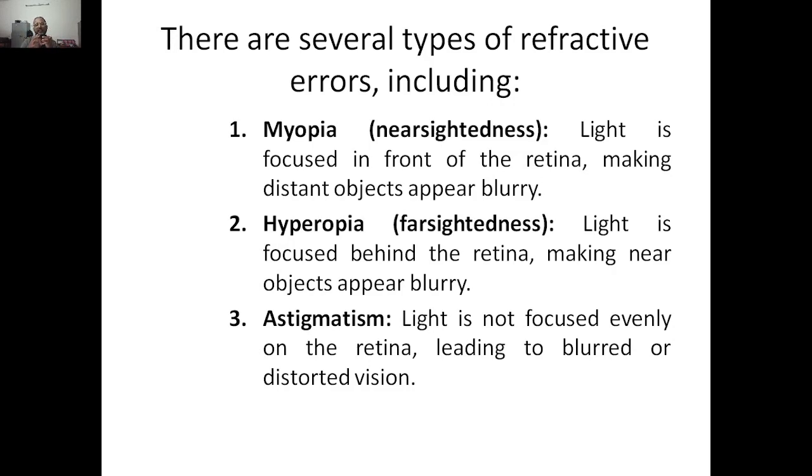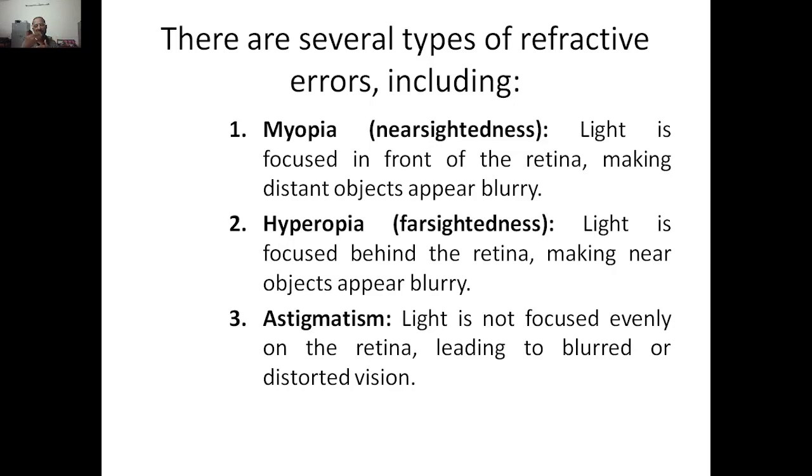Nearsightedness means if any object is a little bit far, we cannot see it properly; the distant objects appear blurry. Near items you will see properly in myopia, whereas hyperopia is farsightedness, which is the opposite. The light is focused behind the retina because of improper position, making near objects appear blurry.